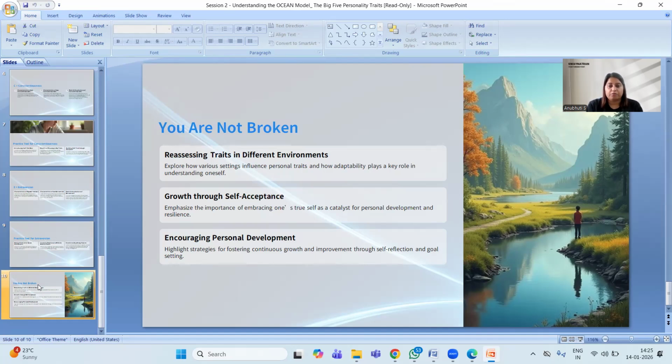We always get improved. Unless we are intentional, we won't know where we are going. However, if we are intentional, we can make sure that within the next 3 months we would be better than today. Encouraging personal development. Highlight strategies for fostering continuous growth and improvement through self reflection and goal setting, which you can do every 3 months, and you can check yourself whether you have improved or not.